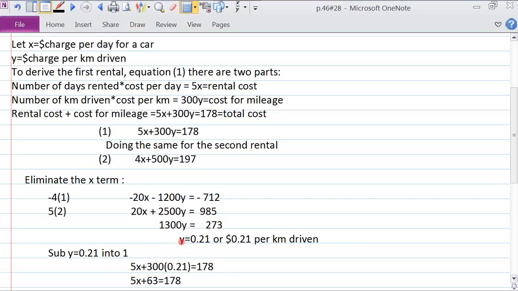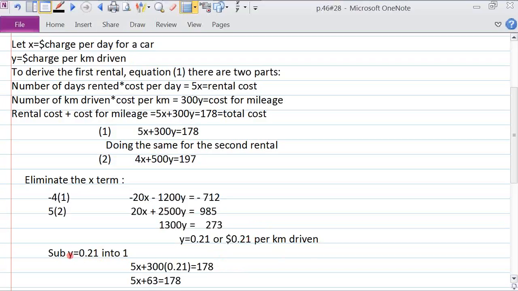When I divide this by 1300 and this by 1300, I get 0.21, or $0.21 per kilometer driven. So I now know the y value. What is the cost to drive per kilometer driven? So it costs 21 cents, or $0.21 per kilometer driven.